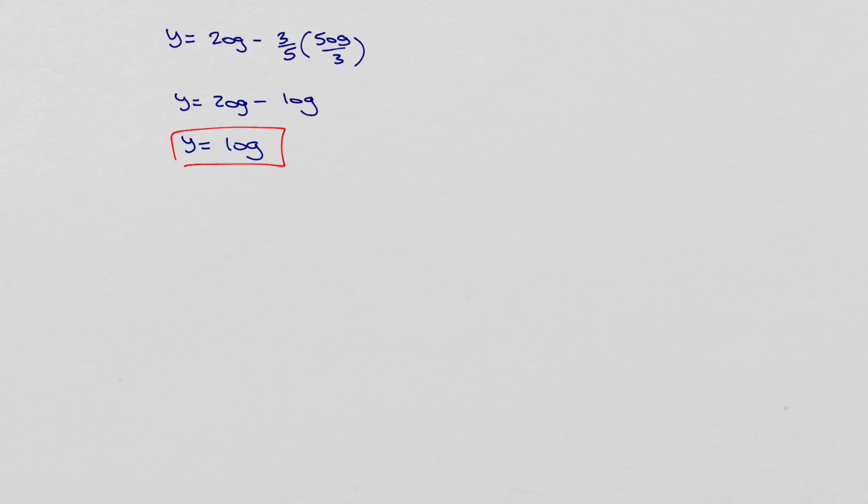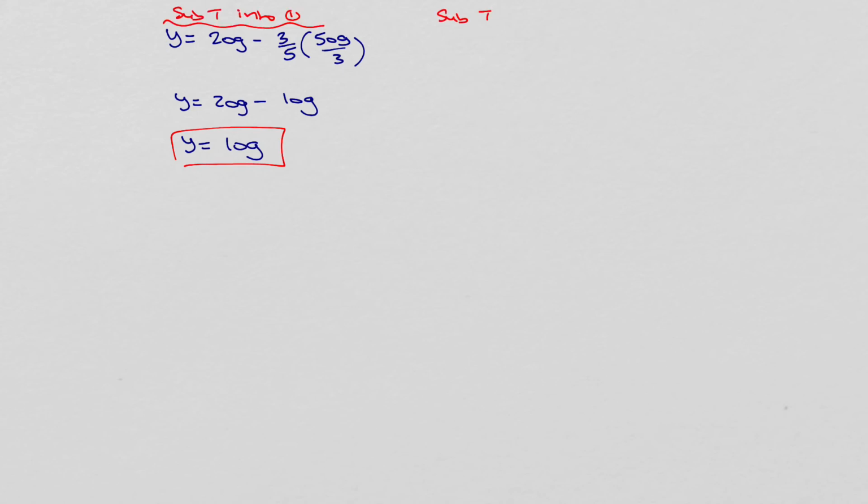So basically Y is going to be 20g minus 3/5 T. But we've just found out that T is 50g/3. So in other words, Y is going to be 20g minus 10g. And therefore Y is equal to 10g. So that's subbing T into 1.